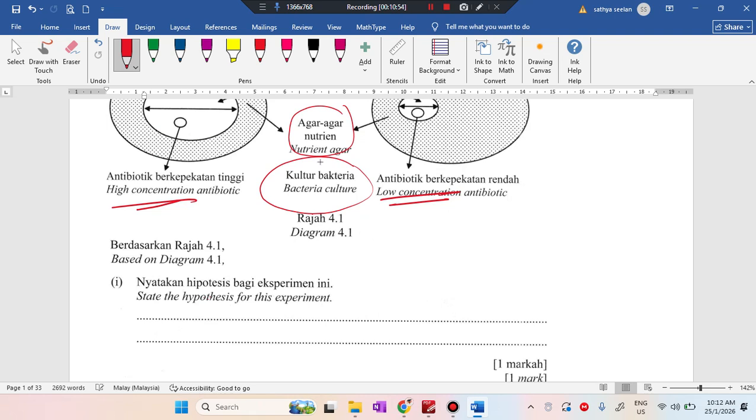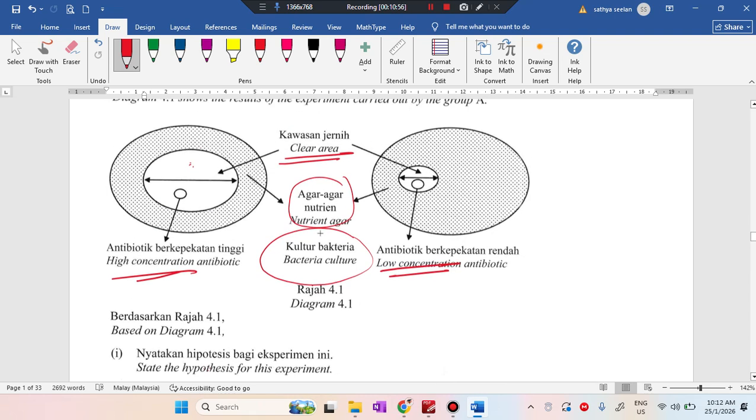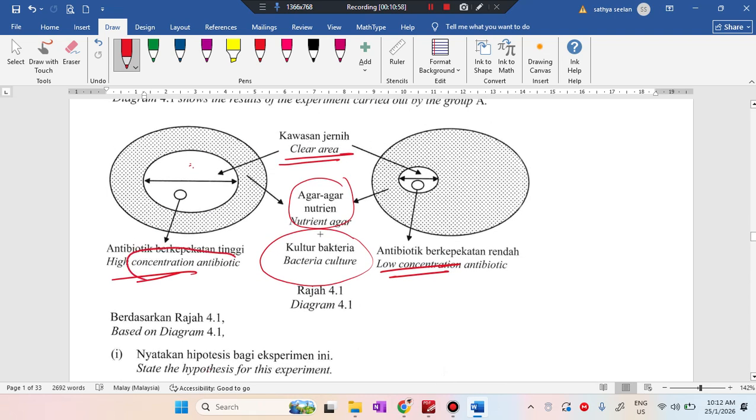So hypothesis. You need to know what is your manipulated variable. The concentration of antibiotic is your manipulated variable. The size of the clear area is your responding variable. Selalu you nak buat bahagian A paper 2, you kena tahu apa itu manipulated, apa itu responding variable. So what we change? We change low concentration, then high concentration. And then what do you observe?